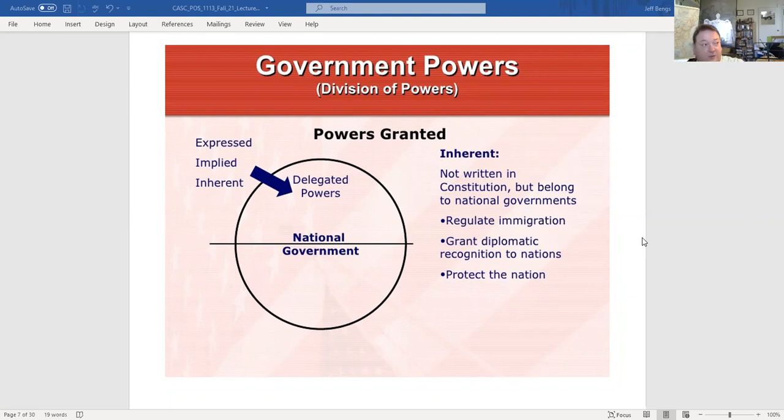Another big thing that is really a hot button issue in our nation, regulating immigration. And other things like protecting the nation. These are inherent powers. Again, they are not expressly written in the Constitution.